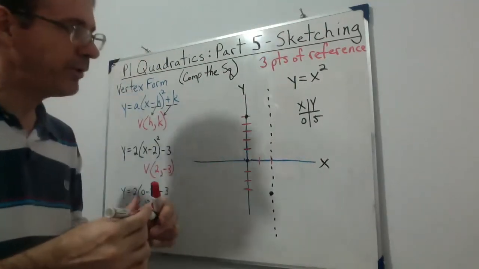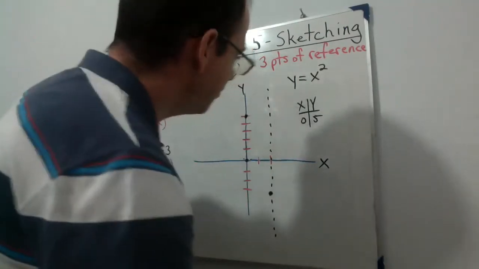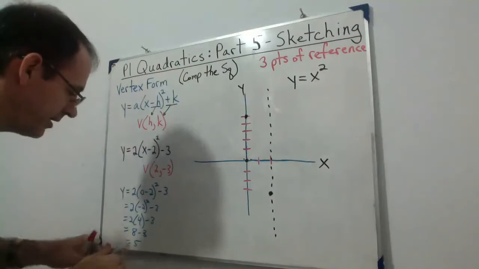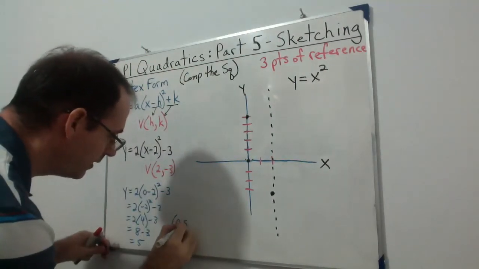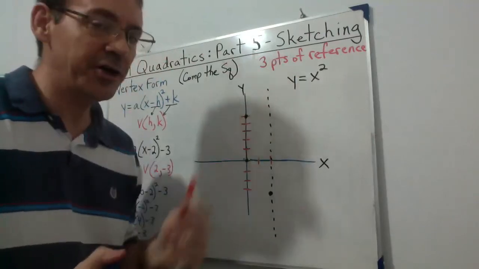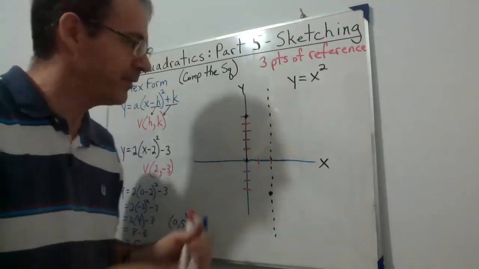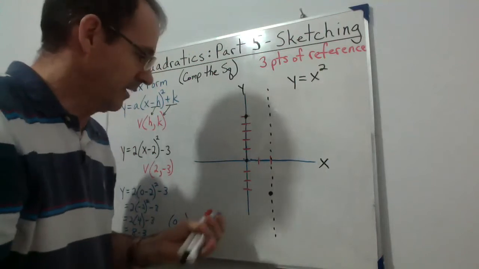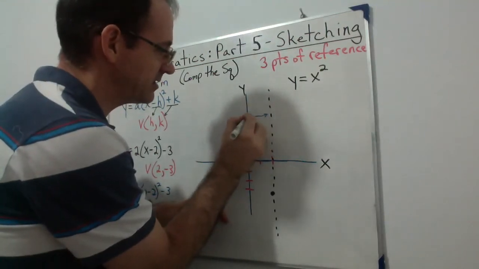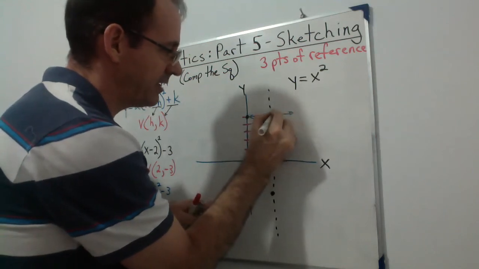So that is one of our points. Now, we've only plotted one point. I'm going to erase this now. I'll put it back over here. Our point was 0, 5. And what we're going to do for the third point is use our property of symmetry. That means that the distance between here and our axis of symmetry is the same as the other side.